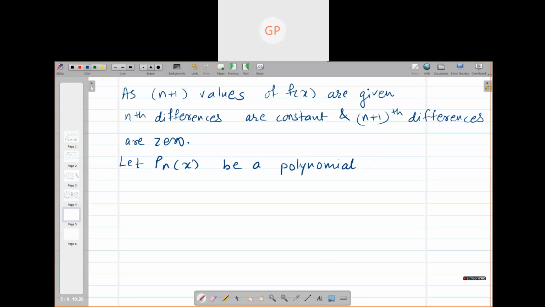Yes. Okay. No, ma'am, because you wrote n plus 1 differences are constant. That's why I thought. समझा क्या? एक मिनट है गर्ल्स, 1 minute.